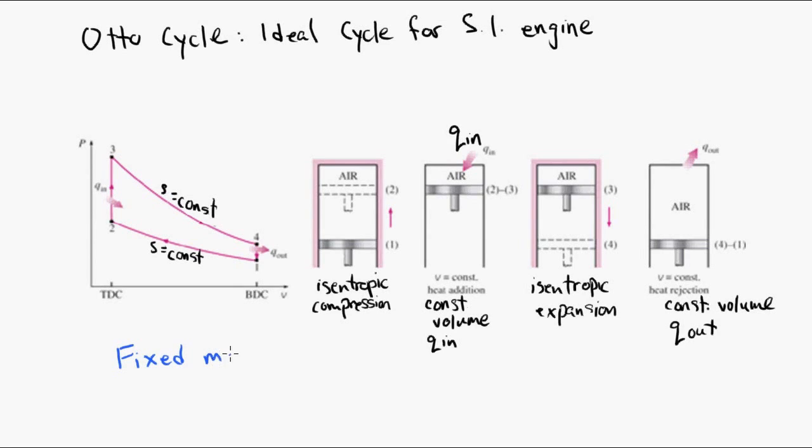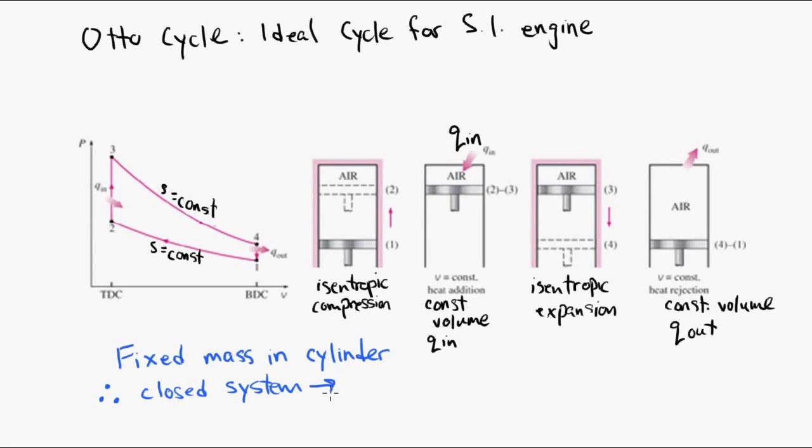So in the cylinder, the mass of air inside is fixed for the Otto cycle. There's no air going in, there's no air going out. It's a fixed mass, therefore we use a control mass, not a control volume. So we call this a closed system. It's not a steady flow system, it's a closed system.